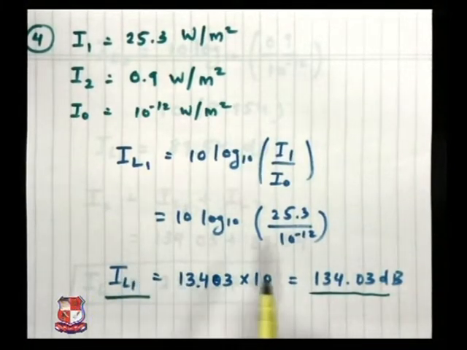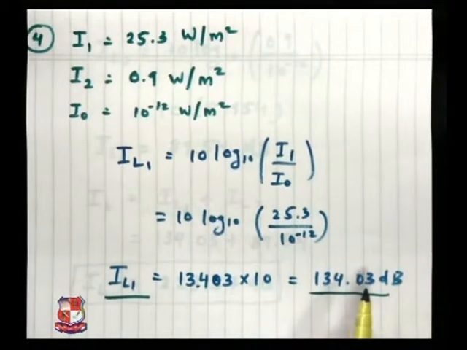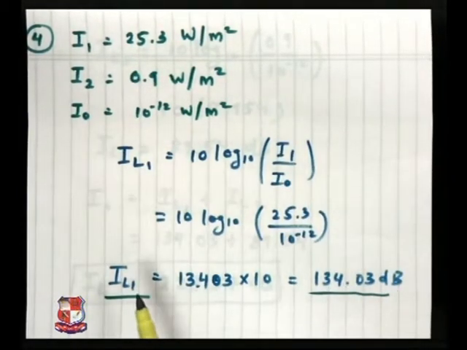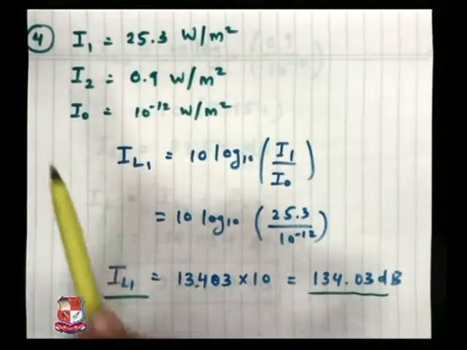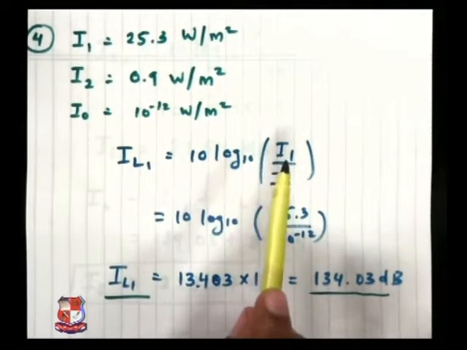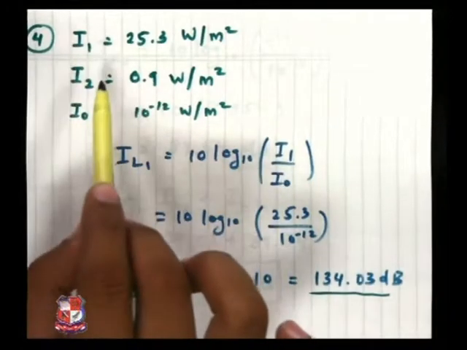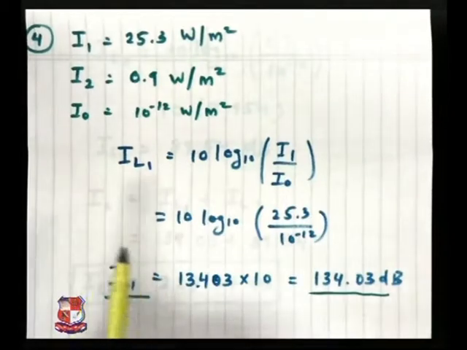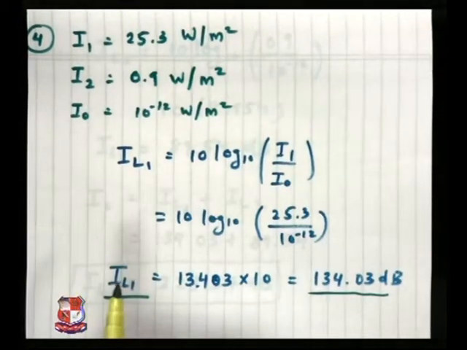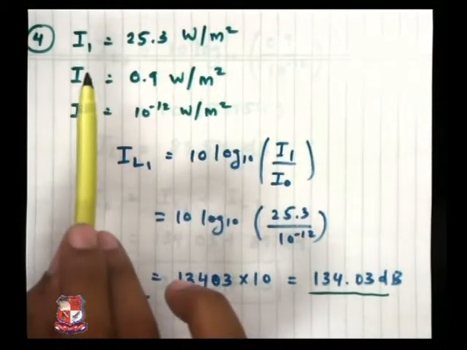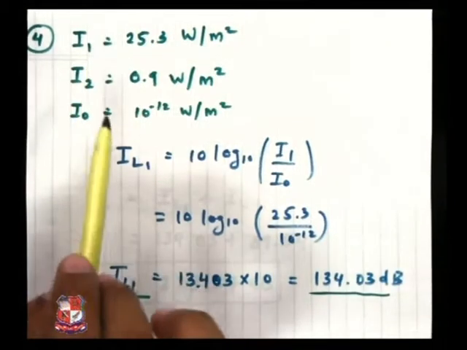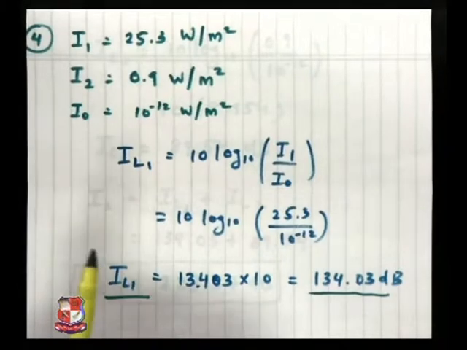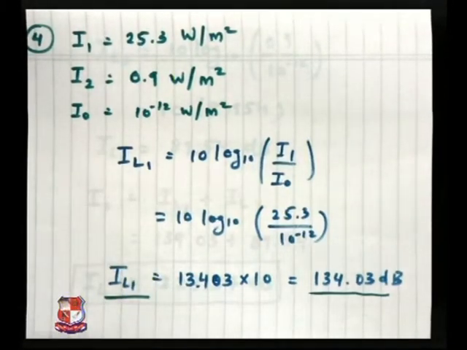The value of IL1 is 134.03 decibel. In the same manner for I2 we will calculate IL2, and then to get the resultant intensity level, we will add IL1 as well as IL2.